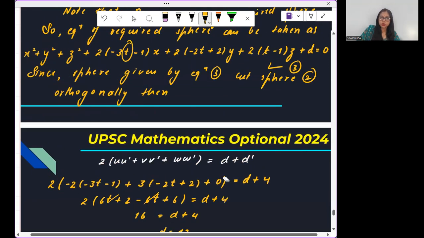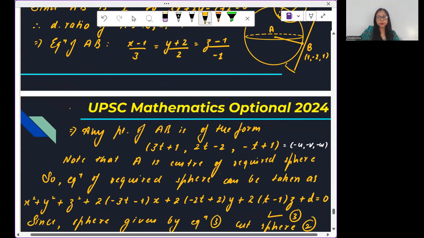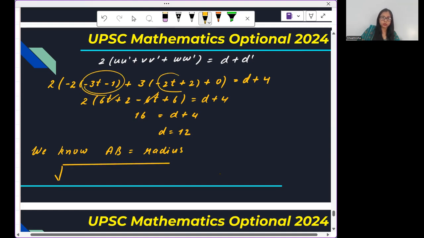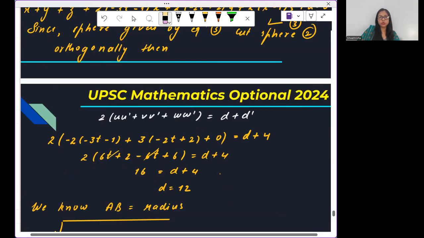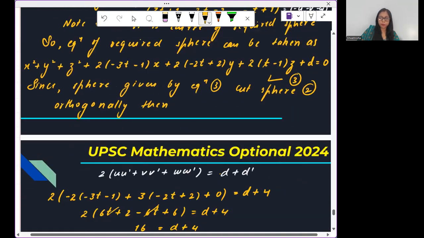Now all you need is to find the value of t, then you can substitute in equation number 3 and you'll get your required sphere. To do that, we know that AB is the radius. What is the distance formula? A is that general point, minus 3t minus 1, comma, minus 2t plus 2, comma, minus t plus 1. This is A. And B, you know, is 1, minus 2 and 1.